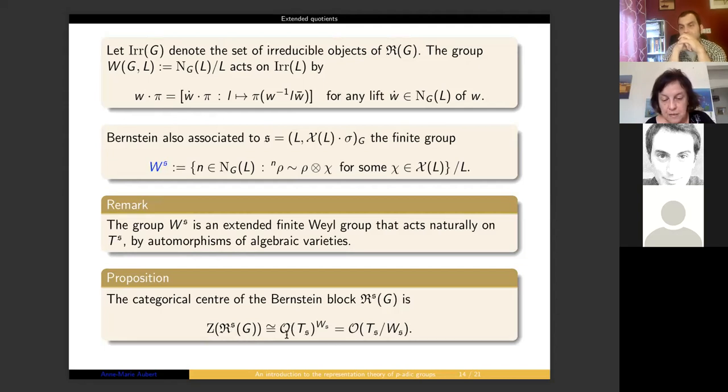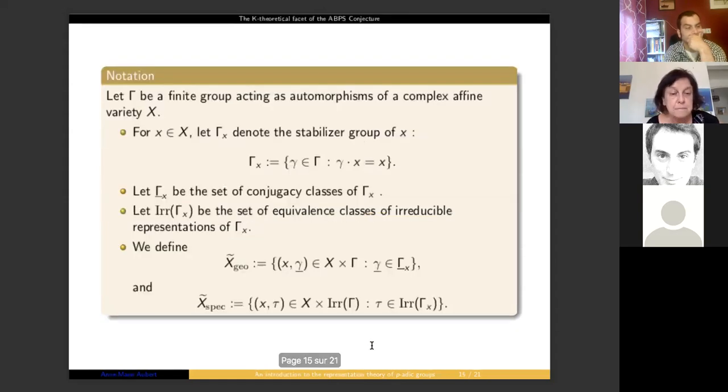This O is not the orbit, but it is the coordinate algebra of T_s, fixed points by W_s, which can also be viewed as the coordinate algebra of the quotient of T_s by W_s. So we see that this quotient has some importance here, and this coordinate algebra is also, by construction, the center of the endomorphism algebra of a progenerator we have seen before.